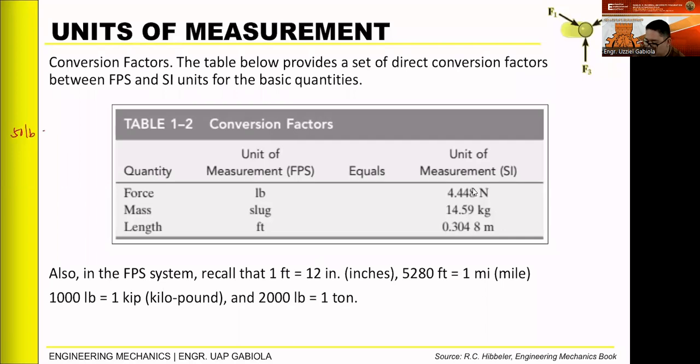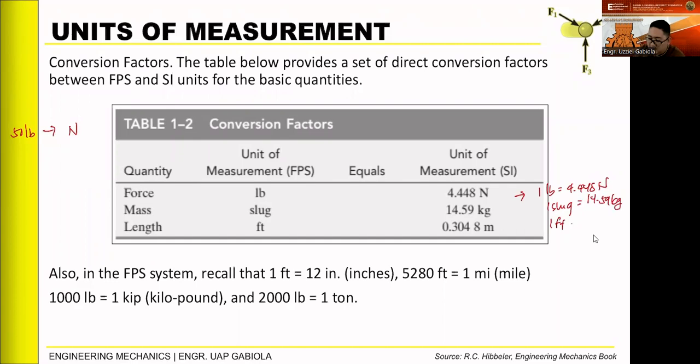Ang gamitin mo lang is itong nakalagay: 1 pound is equals to 4.448 newtons, 1 slug is equals to 14.59 kilograms, at 1 foot is equals to 0.3048 meters.